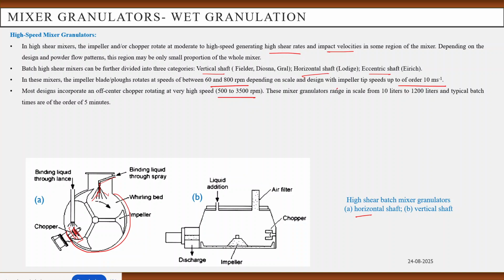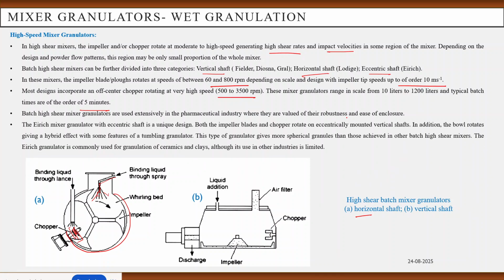These mixer granulators range in scale from 10 liters to 1200 liters and typically their batch time is of the order of 5 minutes. The batch high shear mixer granulators are used extensively in the pharmaceutical industry, where they are valued for their robustness and ease of enclosure.